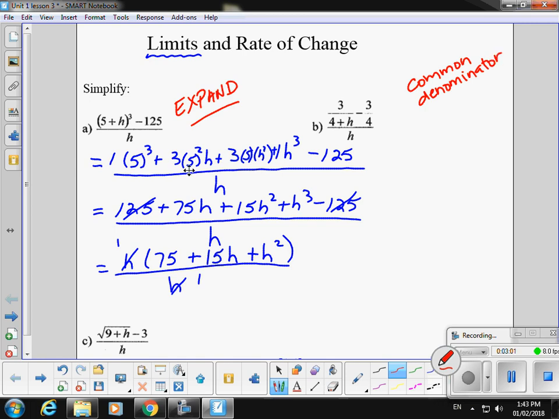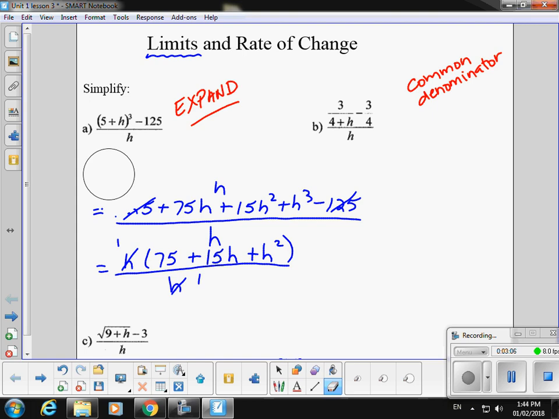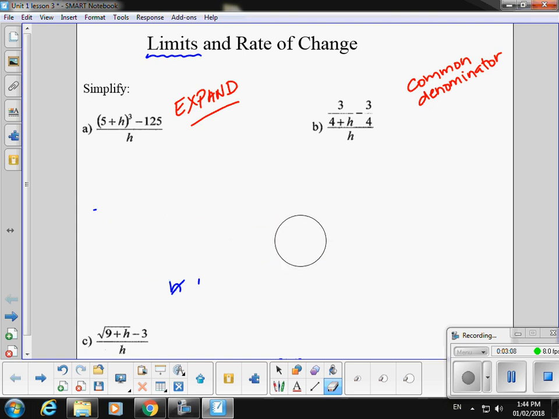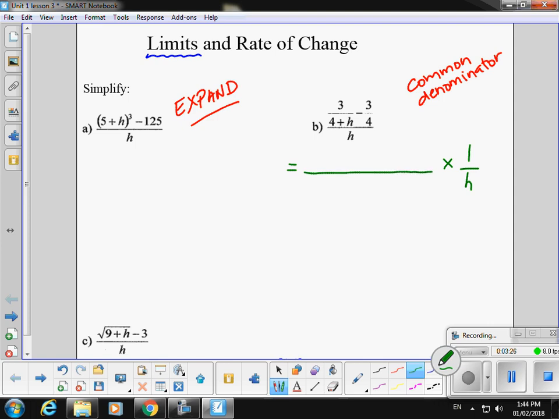So if you have written the other example down, I'm just going to erase a little bit. All right. So I don't like that rational within a rational, so I am going to write it as the top part times 1 over h, and just kind of separate that a little bit. If I have denominators of 4 plus h and of 4, then my common denominator would be 4 times 4 plus h.